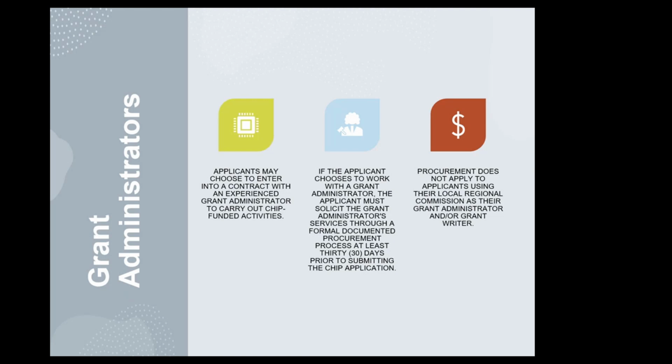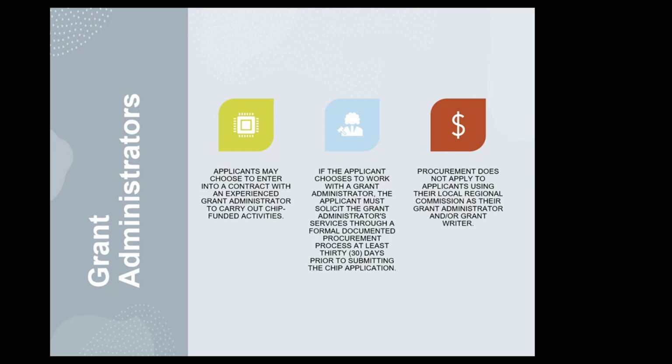The applicants may choose to enter into a contract with an experienced grant administrator either during their application phase or when they're administering their program. And with this grant administrator, you would have to procure them. We're not saying that you necessarily have to choose it or work with a grant administrator, but it helps with your points, and it also helps you become a successful CHIP grantee.